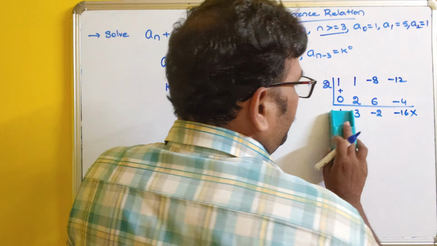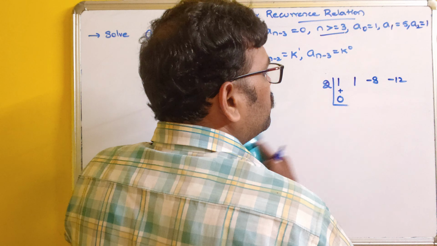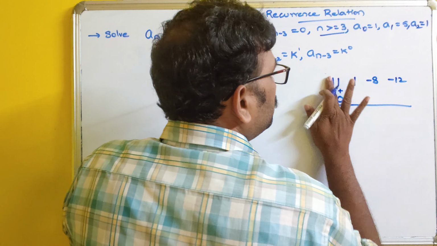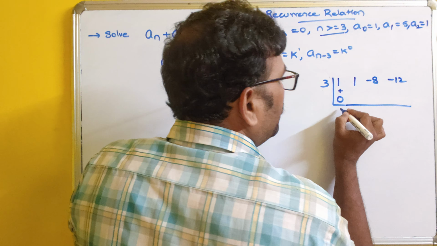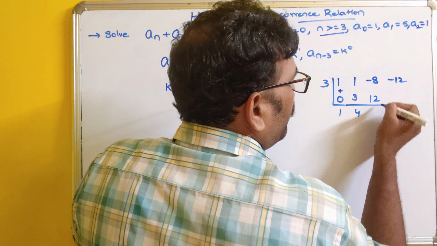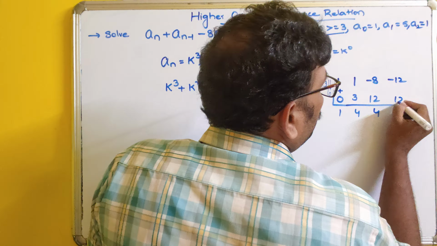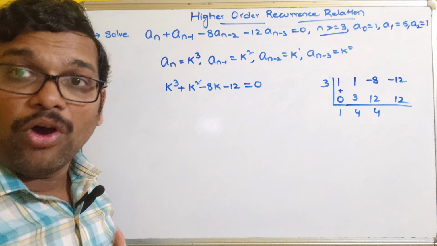If you consider 3, what I said means we have to use a trial and error method. So here instead of 2, I am taking 3. 1, 3 1s are 3. It will be 4. 3 4s are 12. So what happens? It is minus 8 plus 12. It is 4. 3 4s are 12. Yes, we got it.